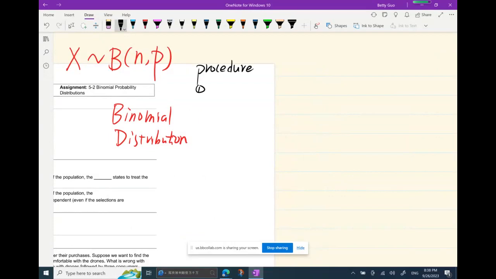Number one, it has a fixed number of trials. The number of trials, we use n. Yeah, we use n to represent the number of trials. This is the parameter of the binomial distribution.